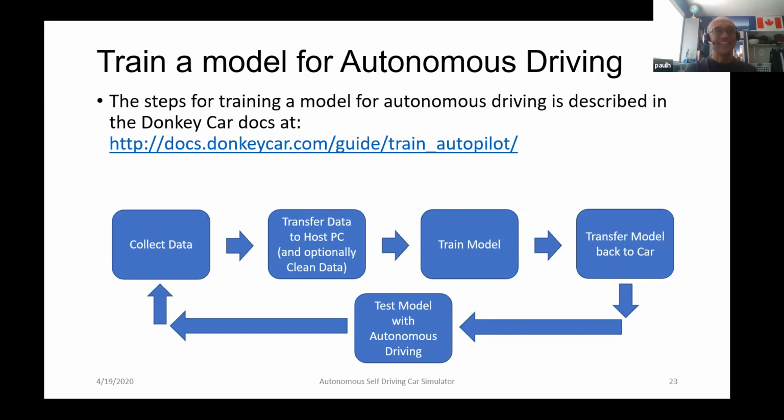If it stays on the track, great. Now you give it other scenarios that it needs to be able to handle. You continually do this. You can drive on a different track, you drive in the opposite direction. You just keep building your data set for your model.